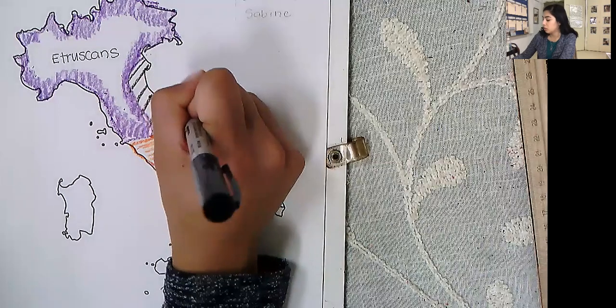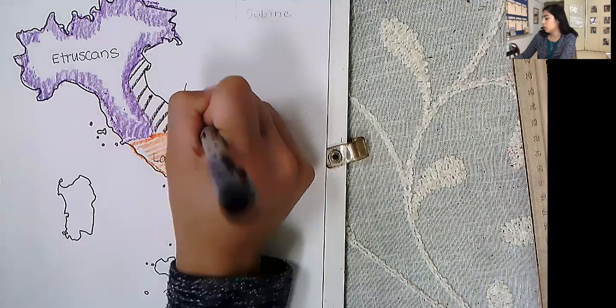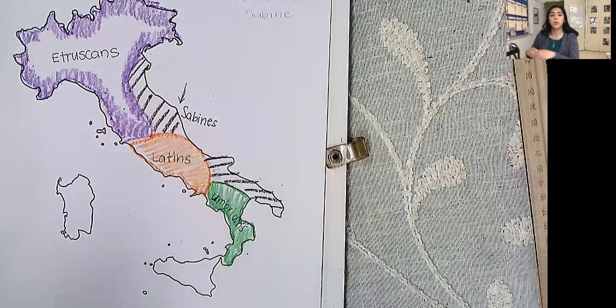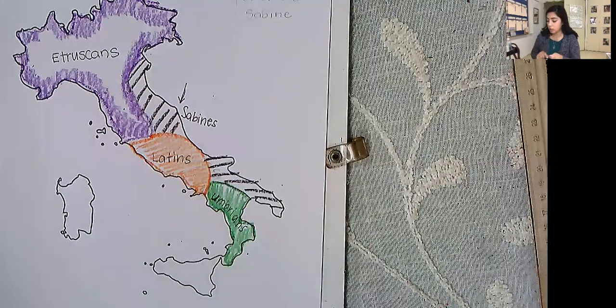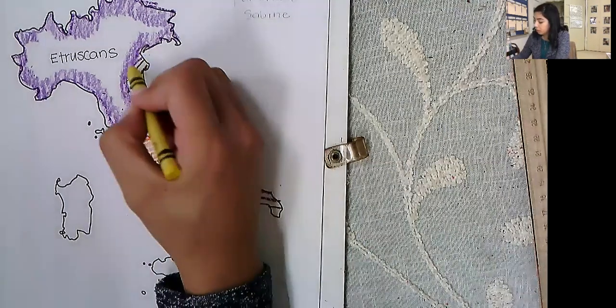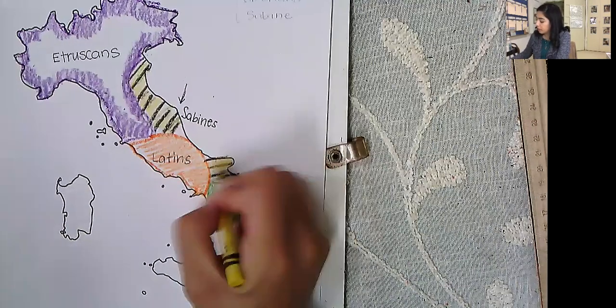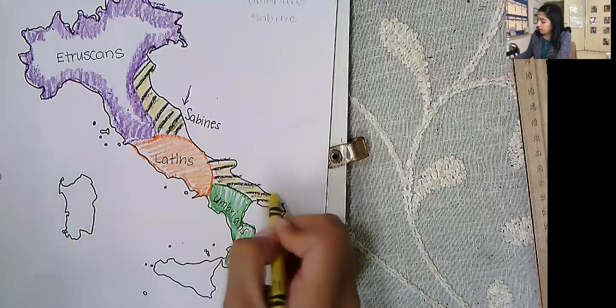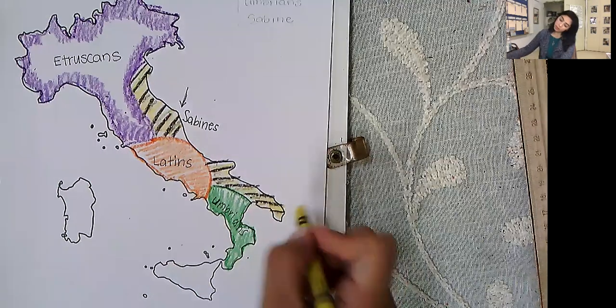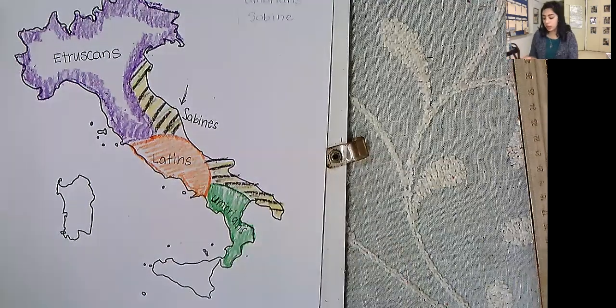Make sure it's close to the country so that you can cut it. So we're gonna get our yellow. That way you know the Umbrians are the ones over here with the lines. I know I said I didn't want to mention this one, but let's just go ahead and color it up. Okay, and that's it for that.